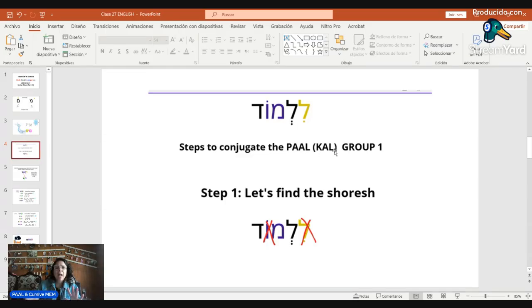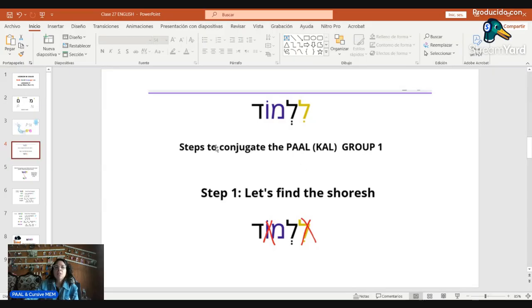Kal means easy. And it's truly the easy one. Group 1 is really simple.